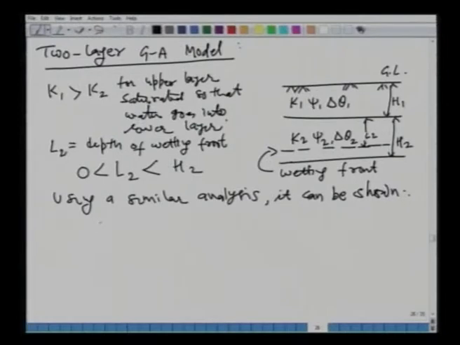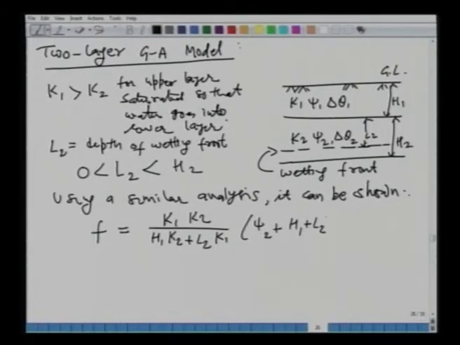that your small f, which is the rate of infiltration, is going to be equal to K1 K2 over H1 K2 plus L2 K1 times psi 2 plus H1 plus L2.